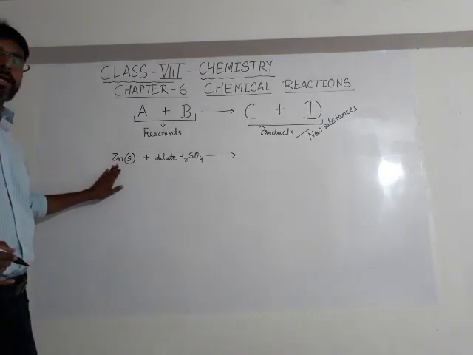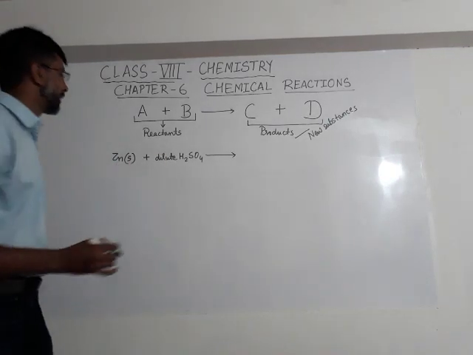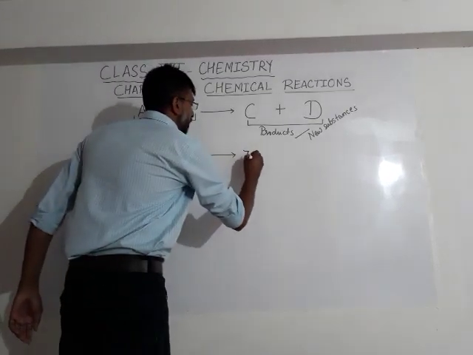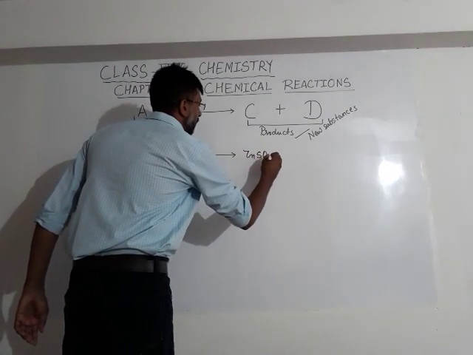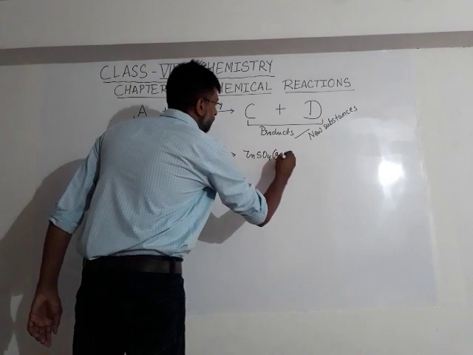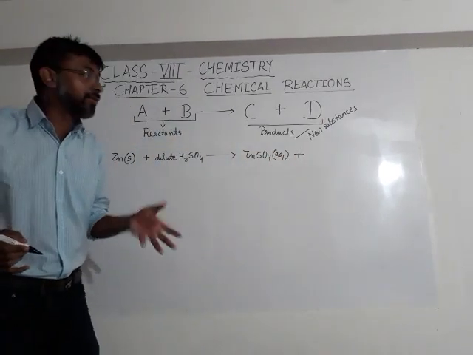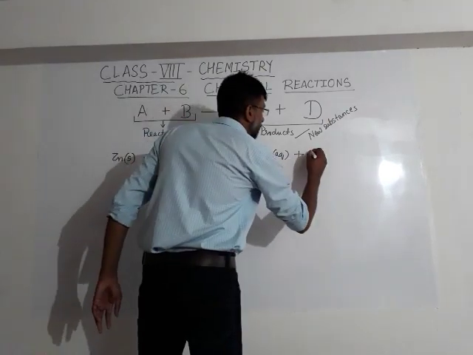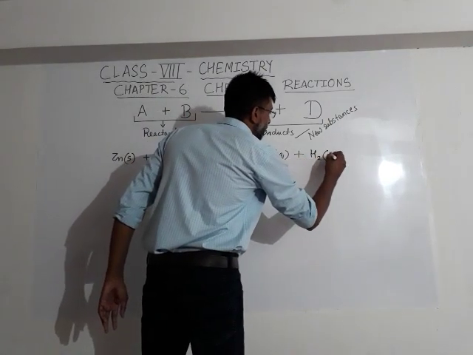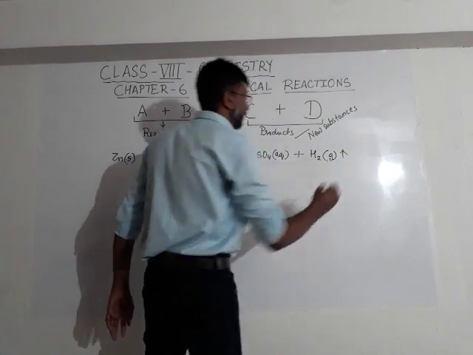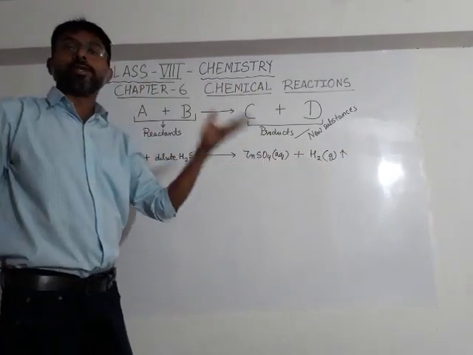Zinc metal is a reactive metal. It reacts with dilute sulfuric acid to produce zinc sulfate in the solution, and a gas is given out. The symbol of the gas is hydrogen gas. This gas gets liberated and bubbles out of the solution.